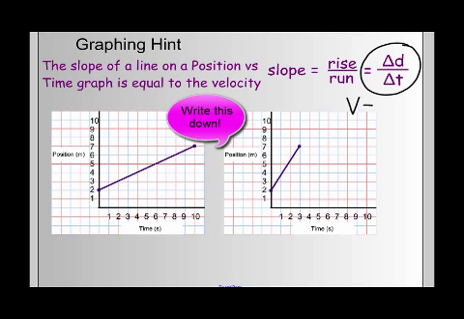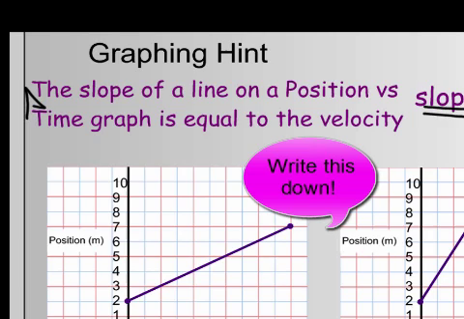The formula for velocity that we talked about a few lessons ago is change in distance over change in time. So if I calculate the slope of the graph, really all I'm doing is calculating the speed or the velocity, and that's what this is saying right here. The slope of a position-time graph is equal to the velocity.